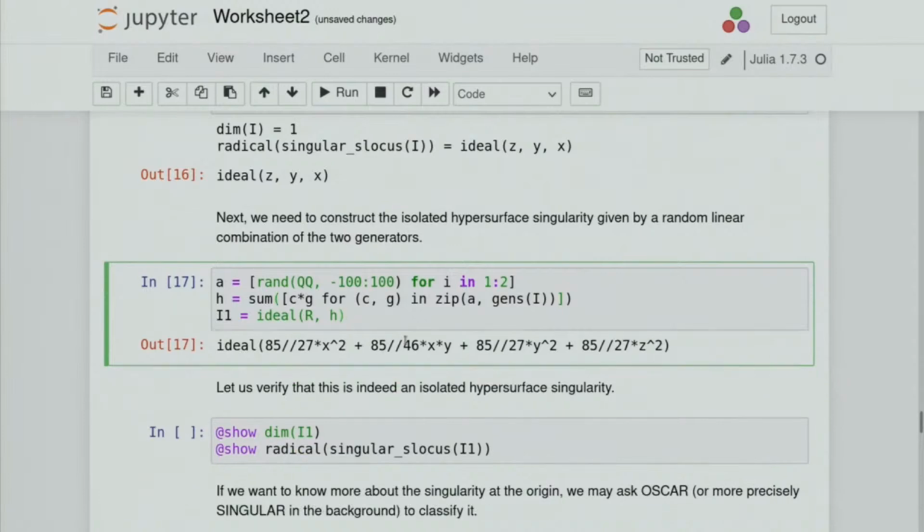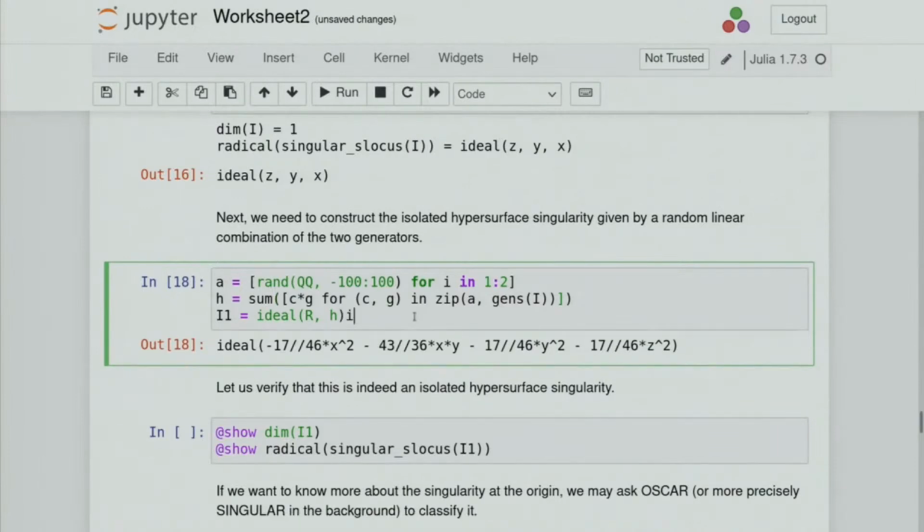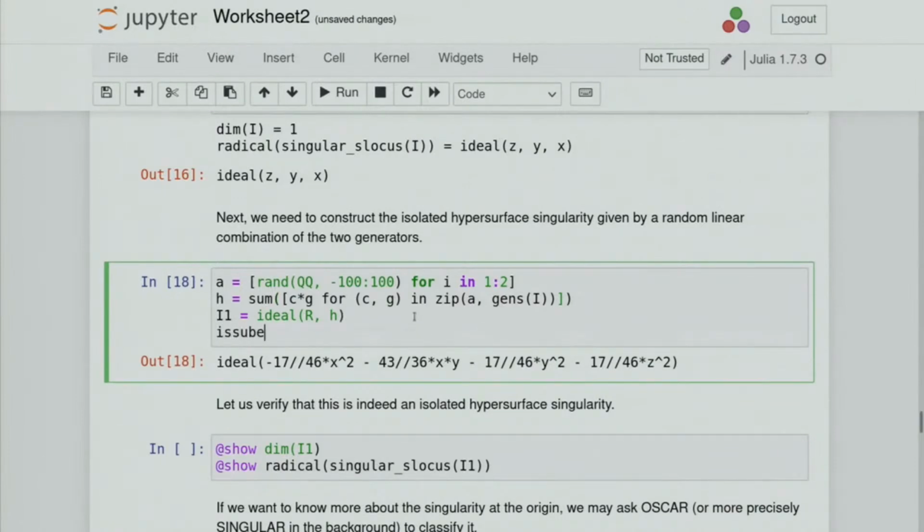I do a candidate for the hypersurface in C3 that contains our ICEs. So let's check. I1 is a subset of I. Okay, yeah, we're good.